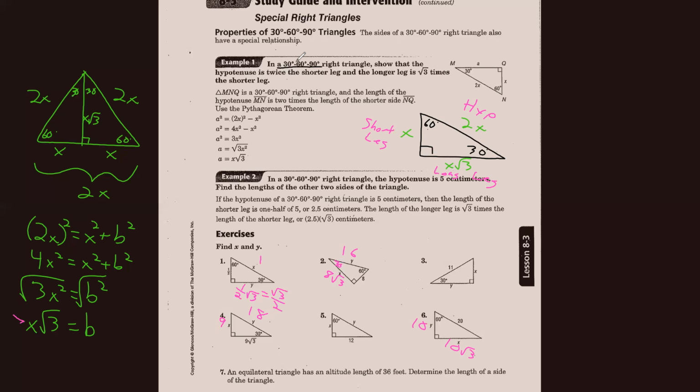So I can either say that this is 11 over 2, which is good for an answer, or 5.5. The other side, we are going to have to take whatever number's here and multiply by radical 3. So I can say 11 radical 3 over 2. It's kind of messy, but it works. Or I can do 5.5 times square root of 3. Either one is fine. So the answers work.